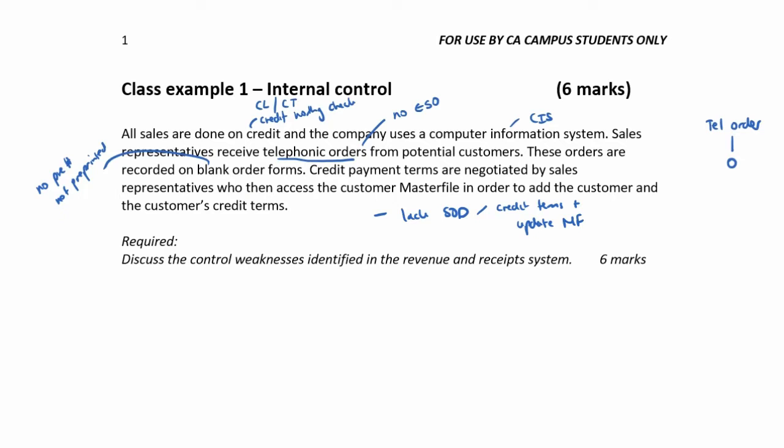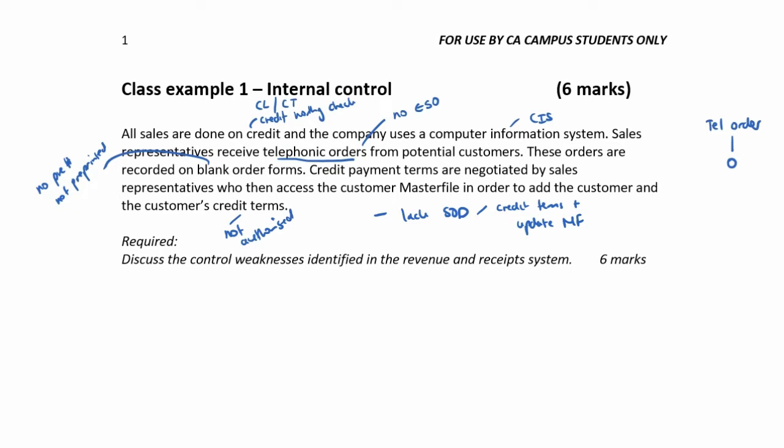My next issue is that the credit terms are not authorized. Okay, he goes and determines the terms and then updates the master file for those terms. There's no way or process he follows to determine those terms.